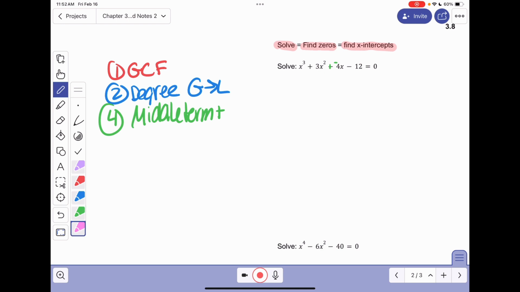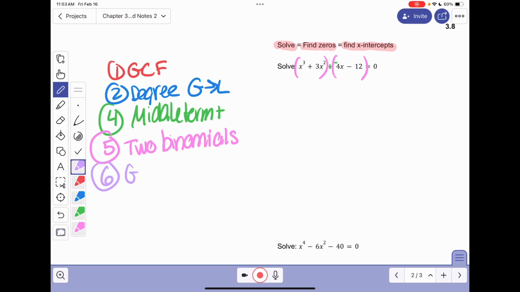Then we break it up into two binomials. So we put the first two terms together and we put the last two terms together. Then we find the greatest common factor of each of those parentheses. So if we look at the first one, both of those terms have a greatest common factor of x squared.